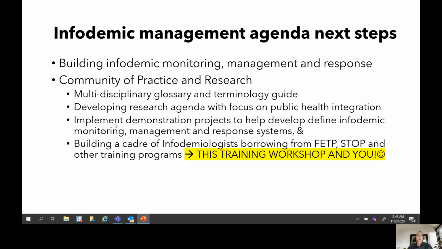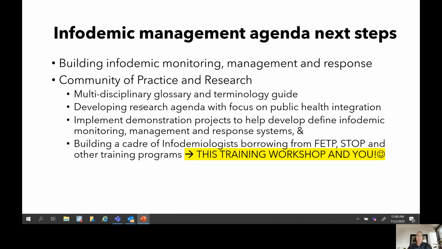And then also, as part of developing an infodemiologist community of practice and research, we have this well established in epidemiology, and there are huge advantages. One of the most important things will be developing a multidisciplinary glossary and terminology guide, so that all these different disciplines have a common reference in terms of understanding how different terms are being used.